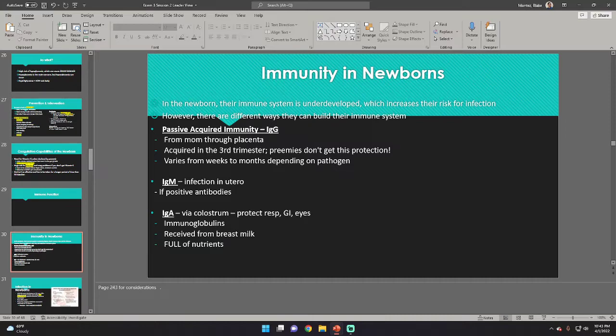The infants eventually produce antibodies, called active acquired immunity, beginning at about 3 months, and this is with IgA. But IgA is missing from the respiratory, urinary, and gastrointestinal tracts until about 4 to 6 months, unless the newborn is breastfed or until infants produce their own antibodies.